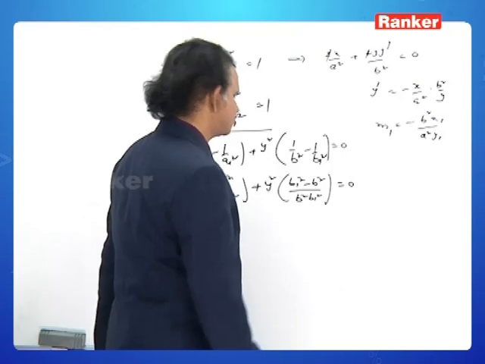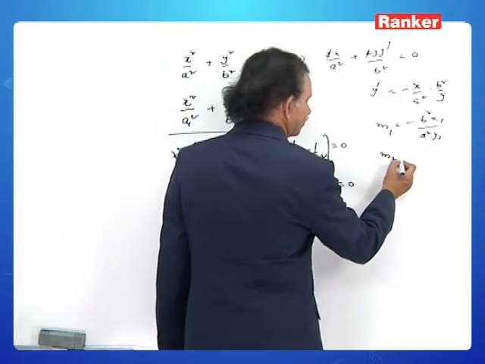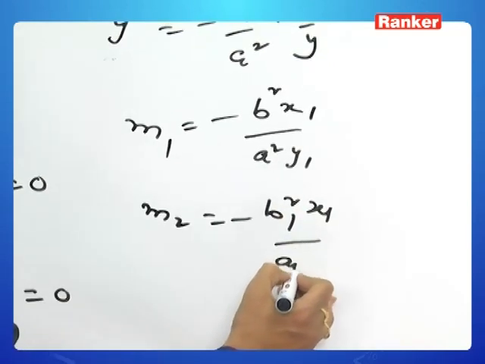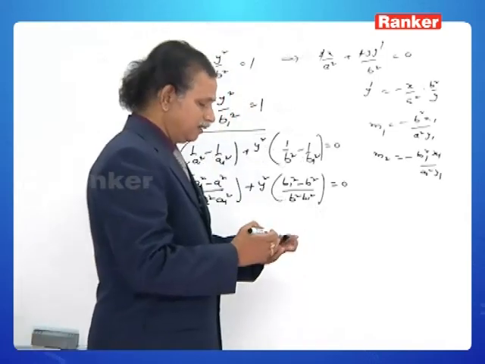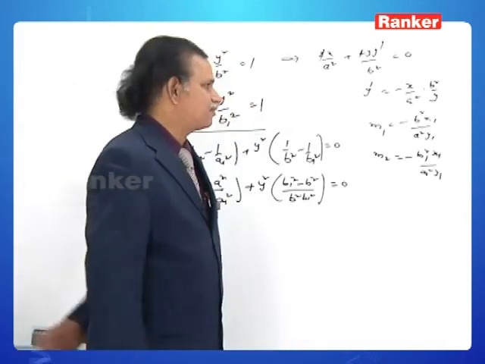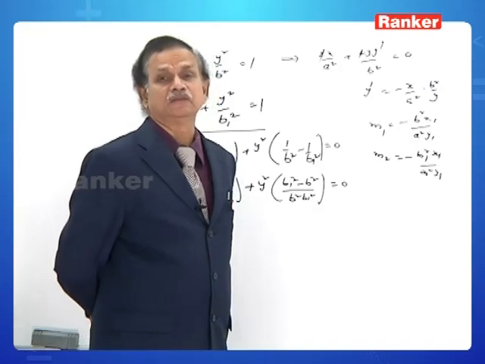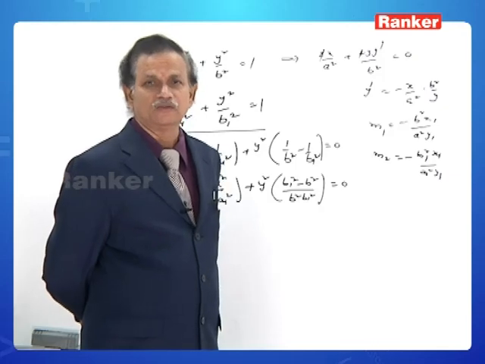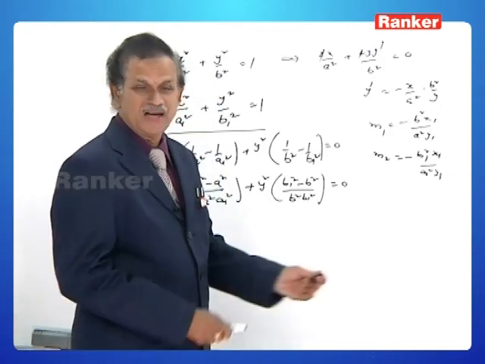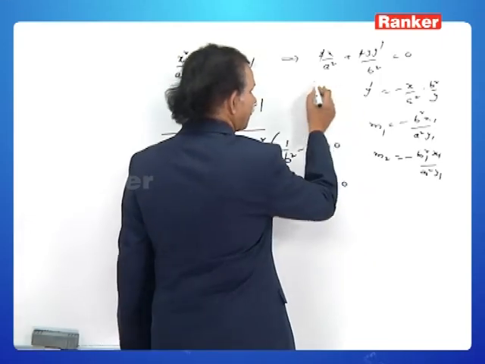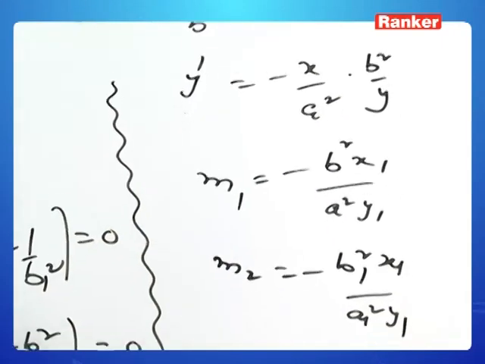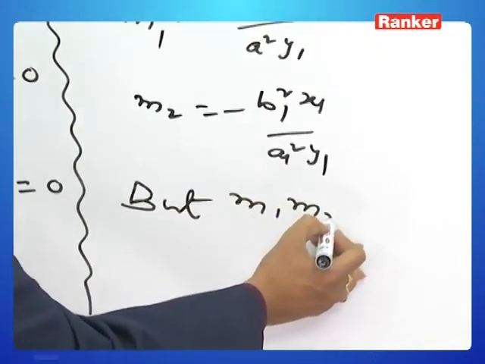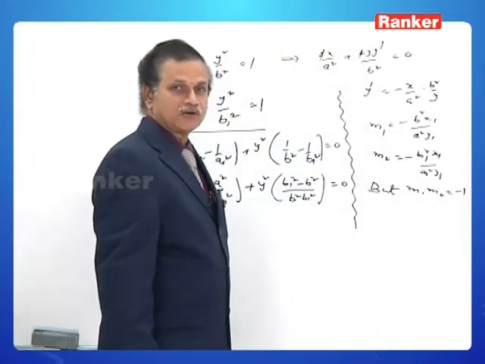In a similar fashion, you can take m2 equal to minus b1 squared x1 by a1 squared y1, because there are no more changes except a1 and b1. But it has been given that the two curves are orthogonal, so m1 m2 is equal to minus 1.